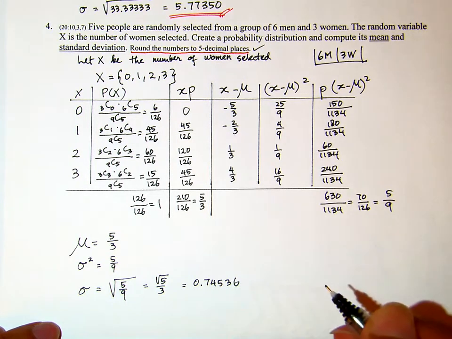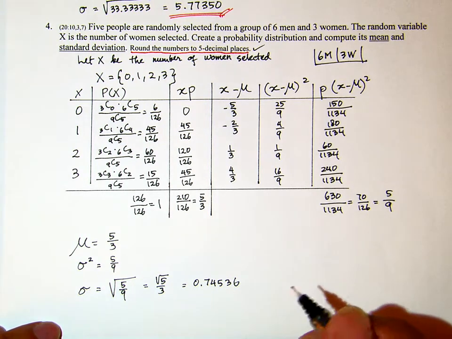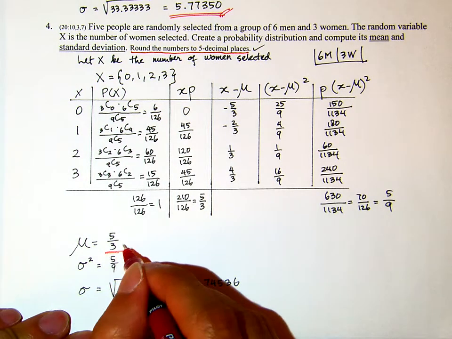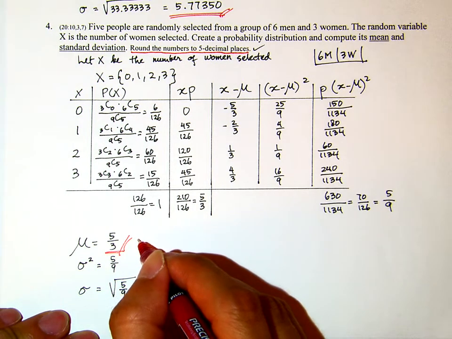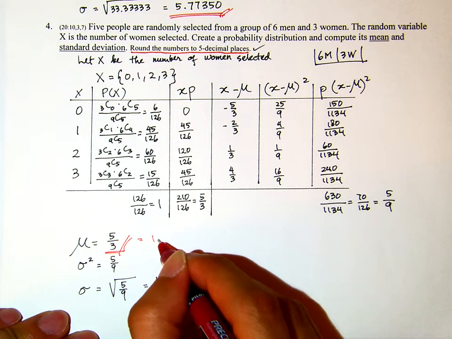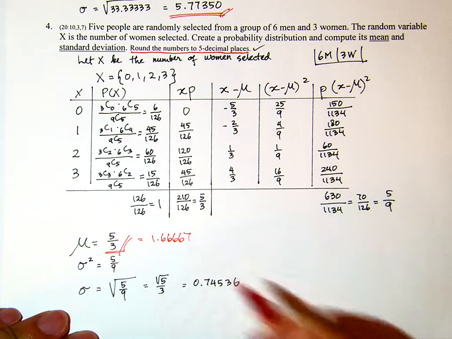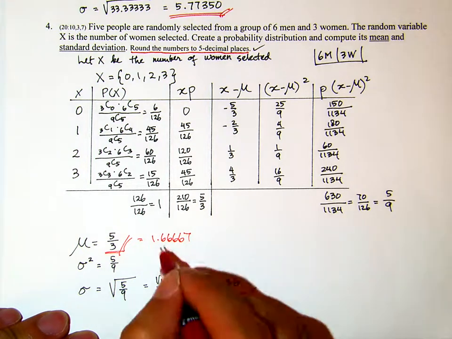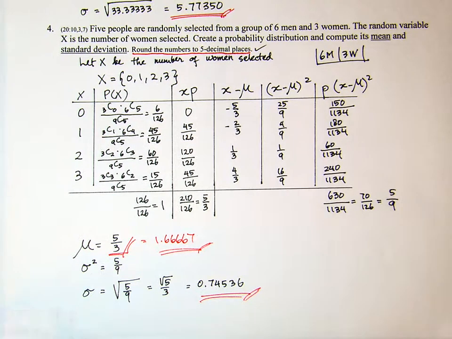I round it to 5 decimal places. Okay, so this is my mu, which if you make it into decimal, that will be 1.66667, 5 decimal places. Okay, now that's for Fall 2011 Math 21 Test 3 number 4.